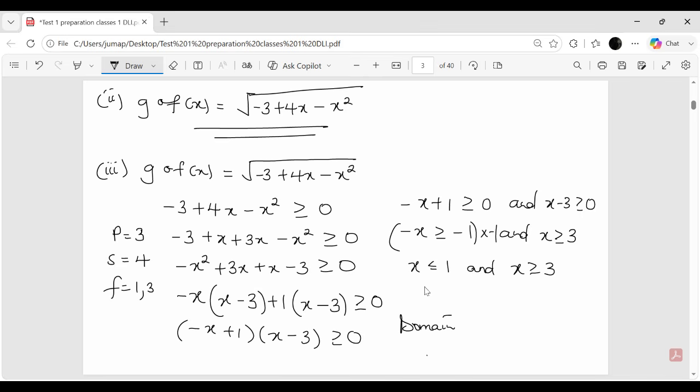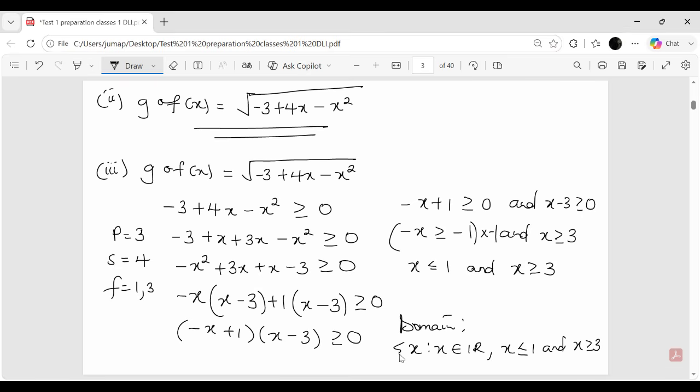But when you reach here, they can even mark you because you are almost there. So what you're just going to say is that x is a member of real numbers, where x is less than or equal to 1 and x is greater or equal to 3.